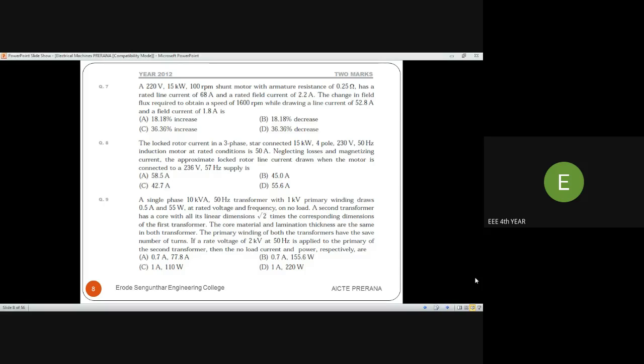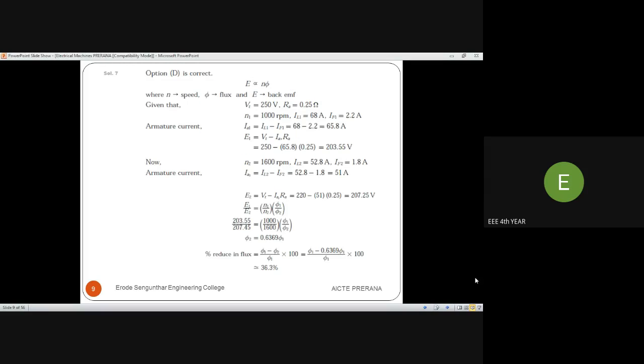Yes, so there are four options: 18.18 percentage increase, 18.18 percentage decrease, 36.36 percentage increase, 36.36 percentage decrease. We can go for the solution of question number 7. Option D is correct.